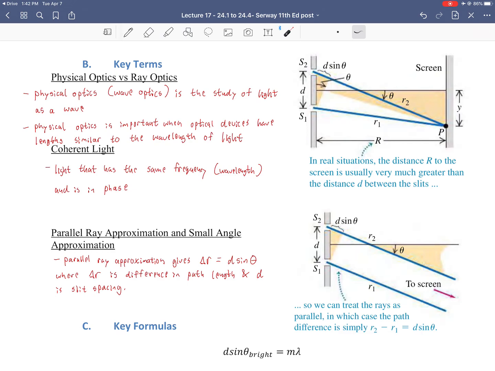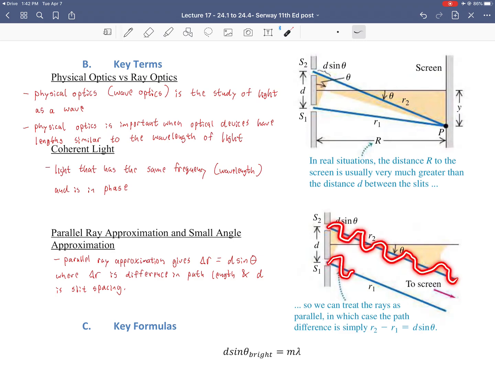We still need R for knowing the spacing between those bright spots and dark spots, more on that in just a minute, but to find the path length difference, we can find that at least independent of the distance from the slits to the screen. Okay? And why is that? Well, because if R is very large, then our two rays here are two rays that will eventually interfere with each other, either constructively, destructively, or somewhere in between, right?